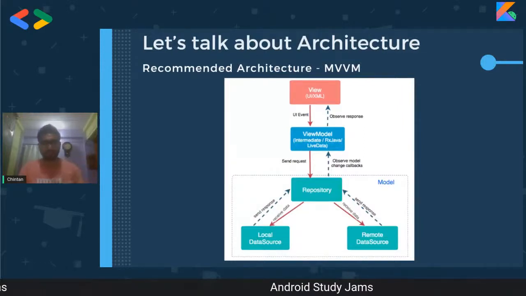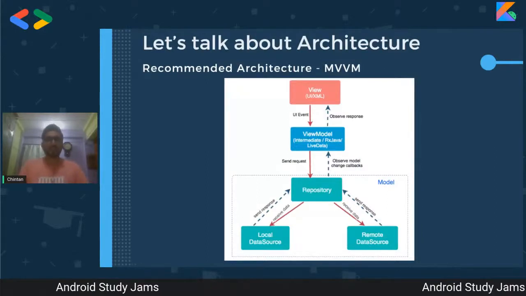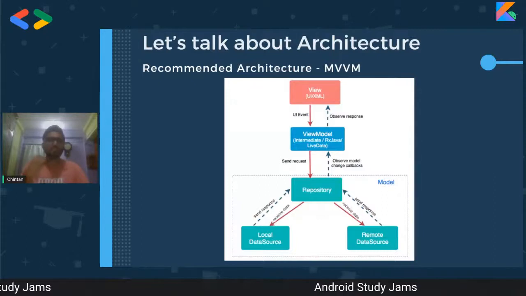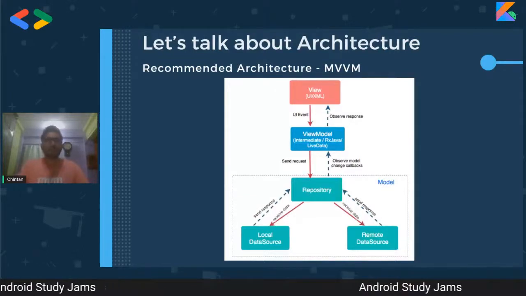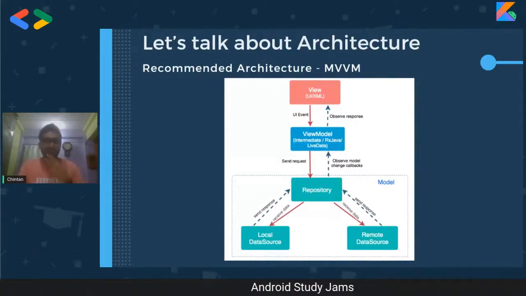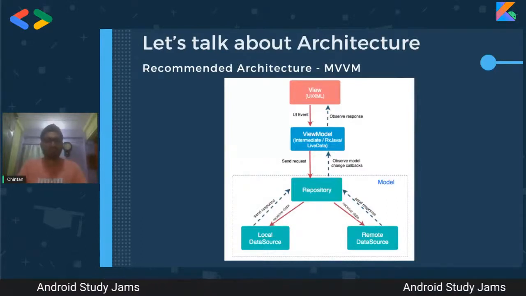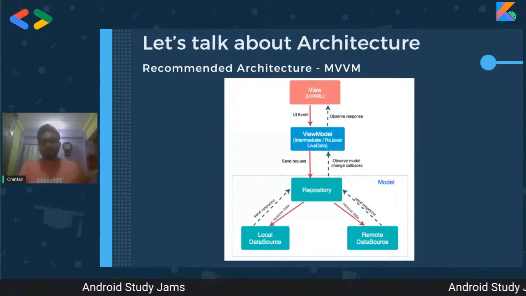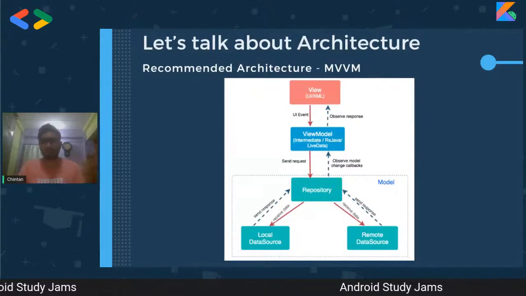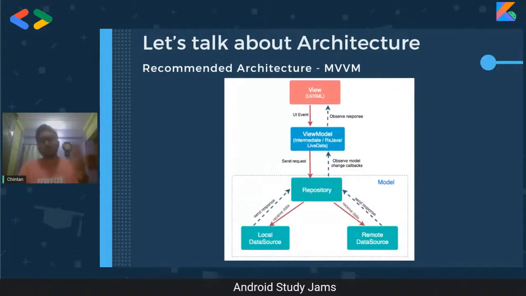One is the model, the other is the view, and the last part is the view model. So what does that mean? Whenever you are doing some execution, or a function call or some API call, there are generally three stages where it happens. One is you make a function call by clicking a button or something like that, and that will eventually fetch the data from an API, or get the data from your local source, or maybe do some calculation.